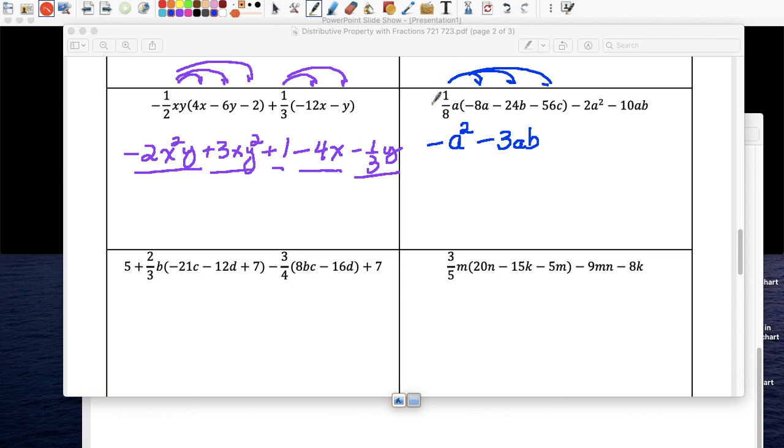And then, where was it? 1/8 positive a times negative 56c. It's going to be negative. 1/8 of 56 is 7. AC, don't forget the AC, right? And then minus 2a squared minus 10ab.